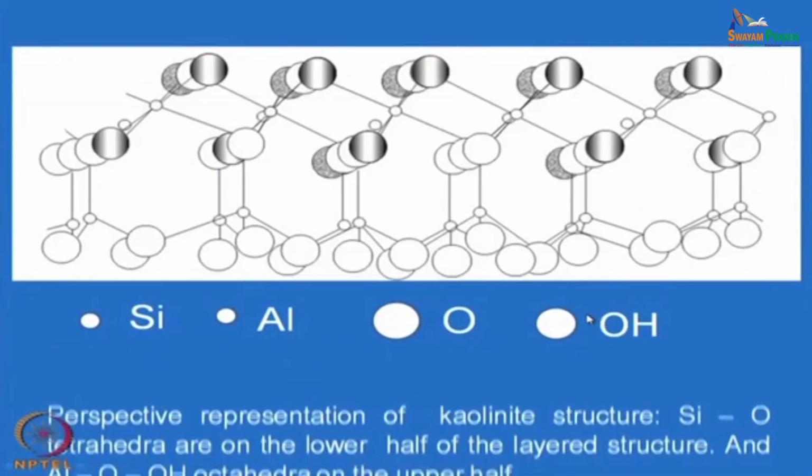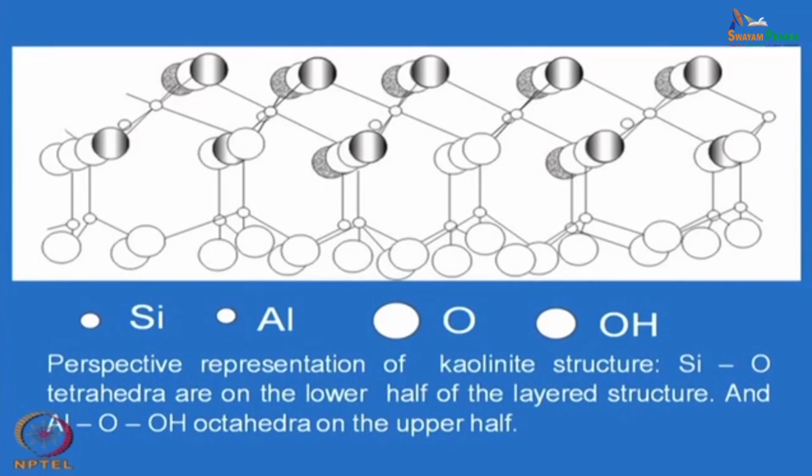and the most important sheet structure silicate is kaolinite. The compound is called kaolinite and the mineral is called kaolin.